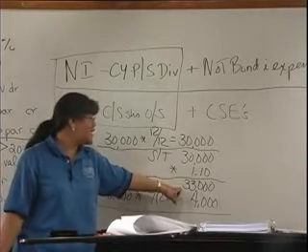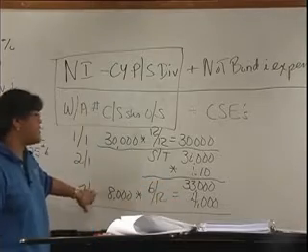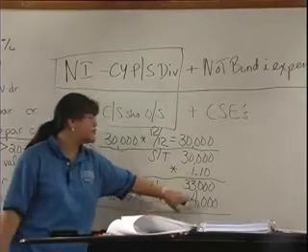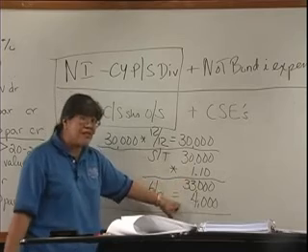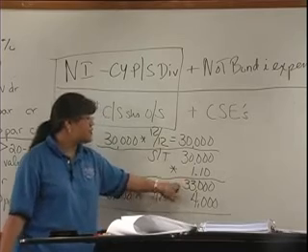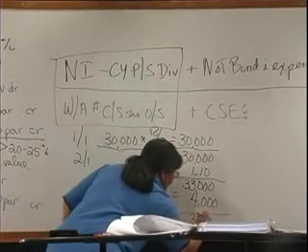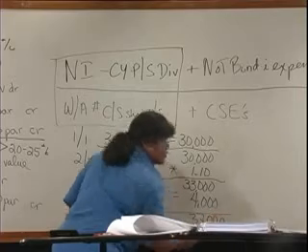Then you take the 33,000 plus the 4,000. Remember, this is 8,000 times 6 months over 12 months, which gives you 4,000 for the weighted average shares for that. You add the 4,000 to the 33,000, and that gives you a total of 37,000.